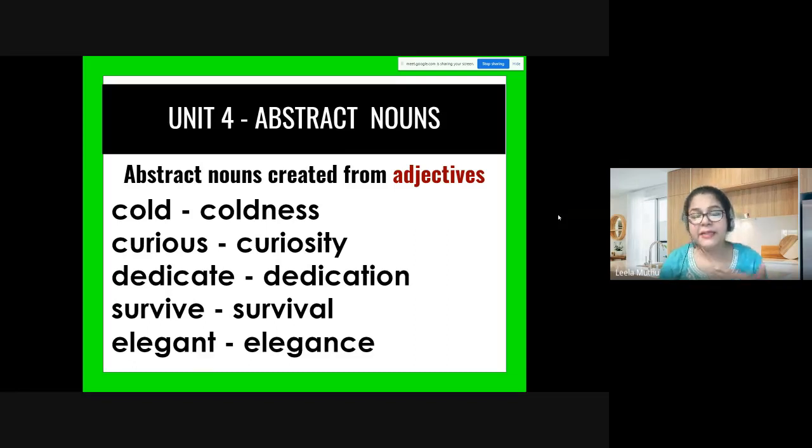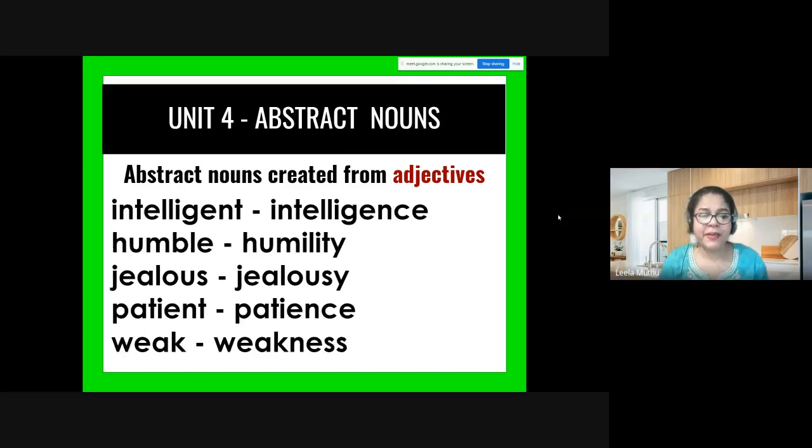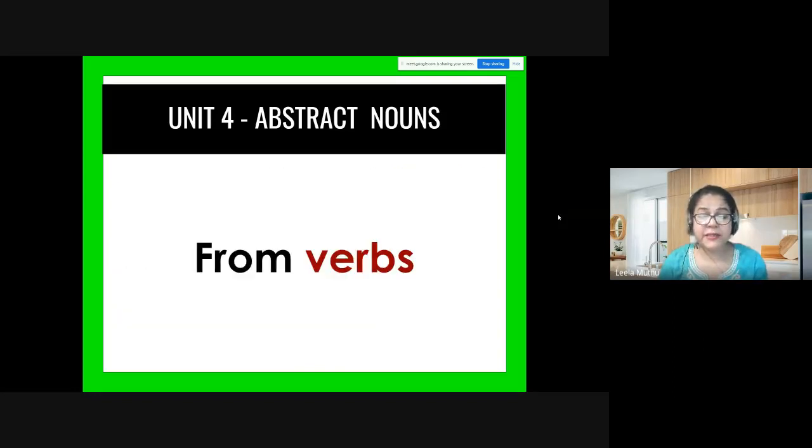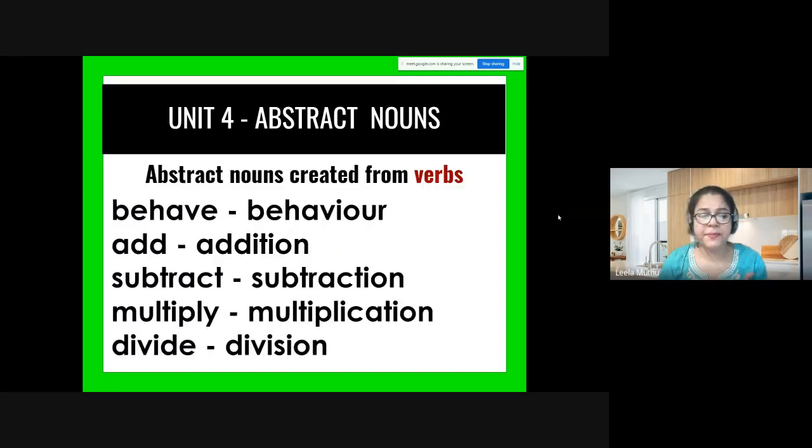Okay, and the state of having these good manners, dressing well, is called elegance. That's a quality that somebody has. Intelligent, intelligence. Humble, humility. Jealous, jealousy. Patient, patience. Weak, weakness.